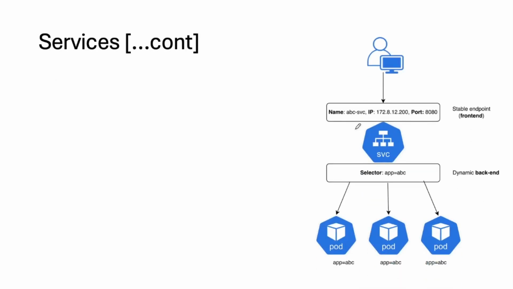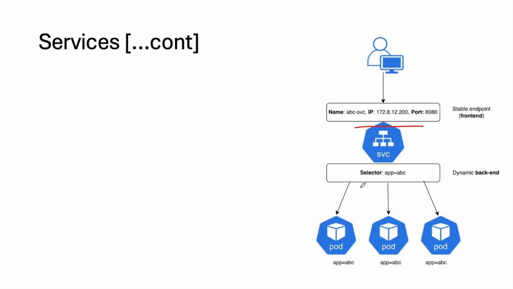So to summarize, a service object provides a stable endpoint. That endpoint includes an IP address, a DNS name, and a port. And there is a front end to the service, which is this endpoint. And then there's a back end, which are the pods on which the application is running, for which we have the service.